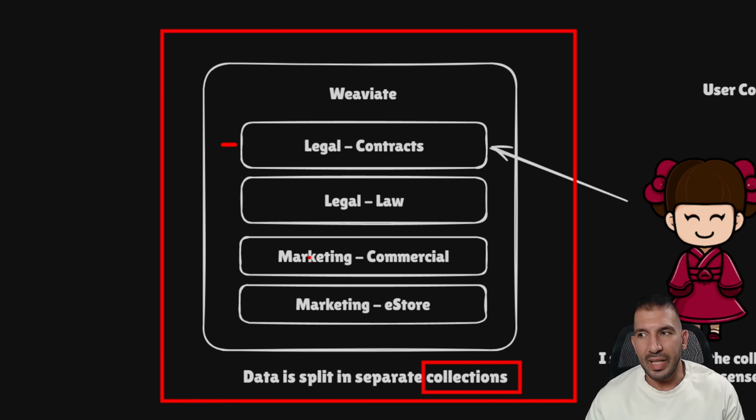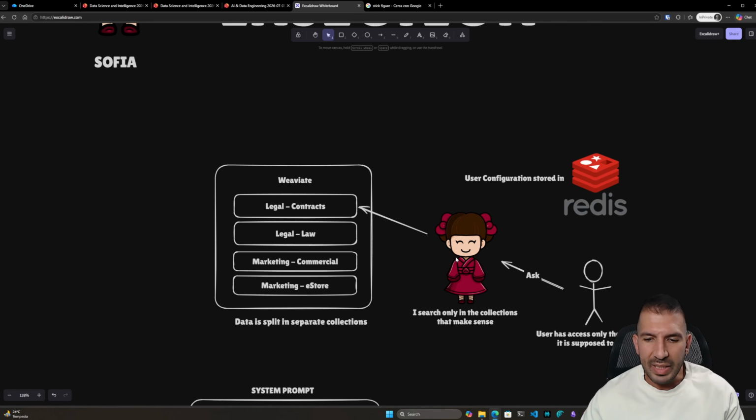So you might imagine that the HR information for Germany doesn't need to be the same and doesn't need to be accessible by the HR in Spain, in South Africa, in Italy, whatever. They are separate collections, even from the same business unit, because they have different content that should not be accessed by users. For this reason, there is a configuration for the user access.